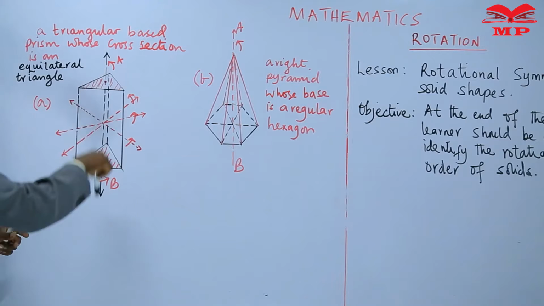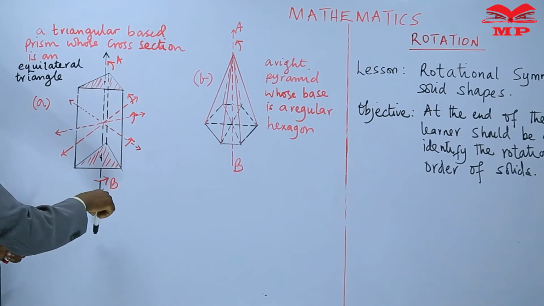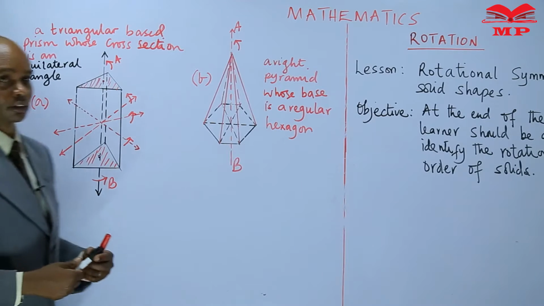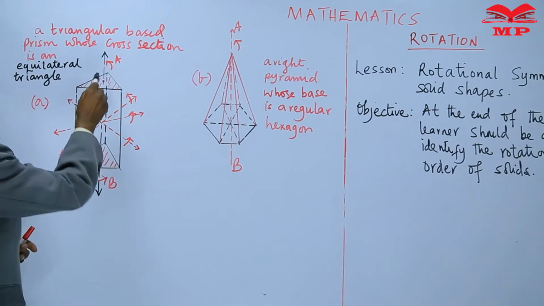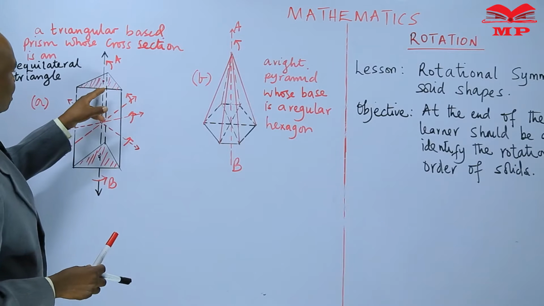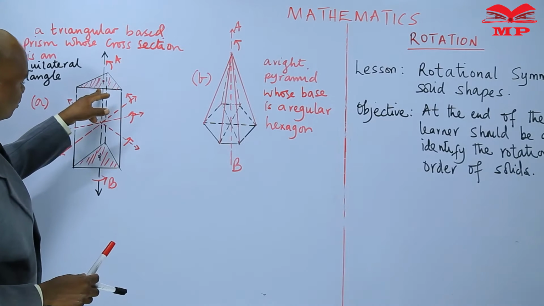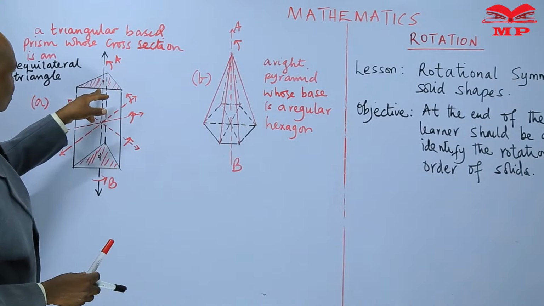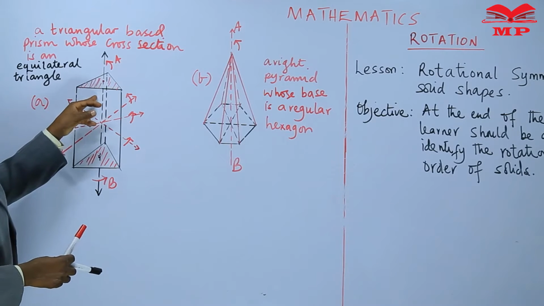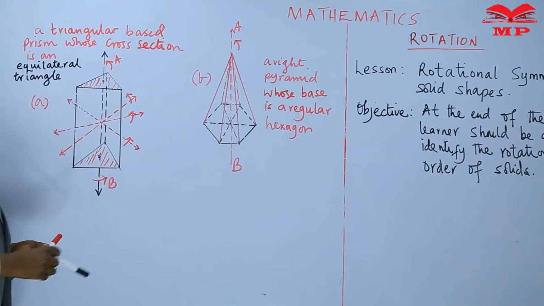So we have some axes there. You can see a vertical axis and 3 horizontal axes. They have told you it has a cross-section of an equilateral triangle.